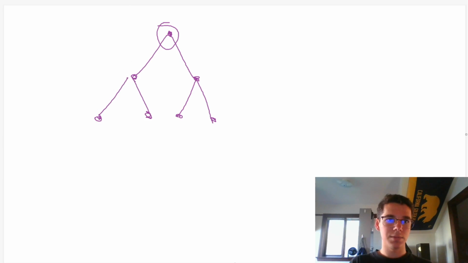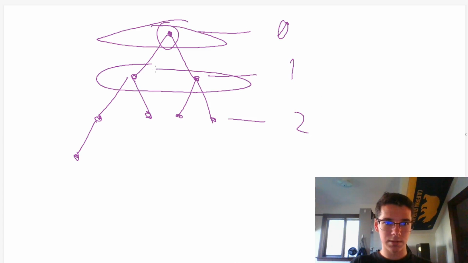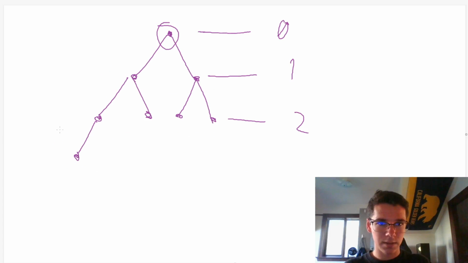And a level is simply all the nodes on a particular step from the root. So this is level 0 right here. This is level 1. This is level 2. Level 0 encompasses all of these nodes. Level 1 encompasses all of these. 2, all of these. 3, all of these. So hopefully that makes sense.